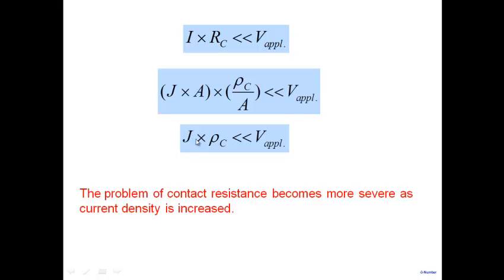So the issue is, why do you want to make current density very high? Why do you want current density to be high? What is the reason? One reason is obvious: more compact circuits. Let's say you made a device, say a bipolar transistor, and you want to bias it at 1 milliampere, right?